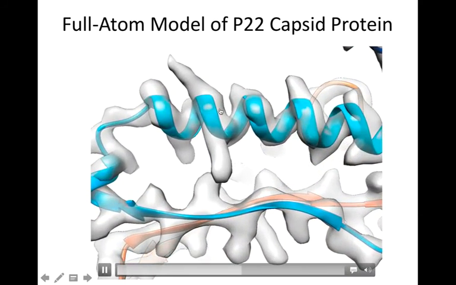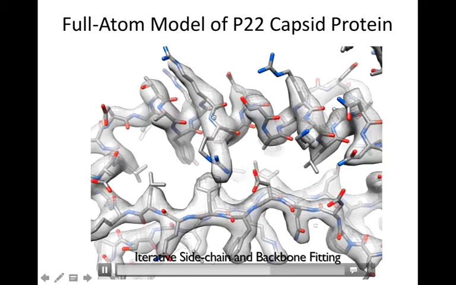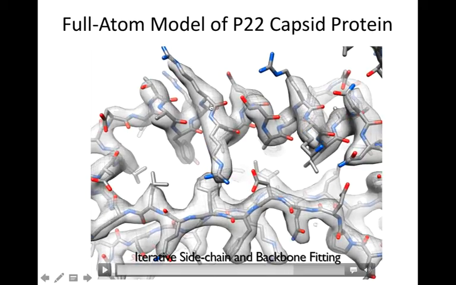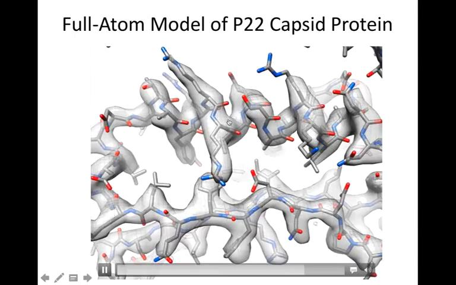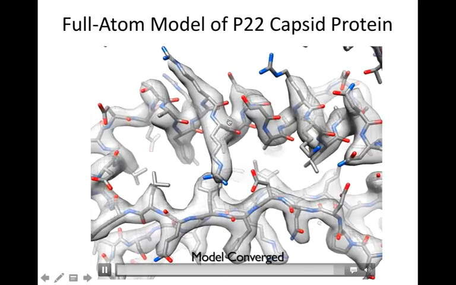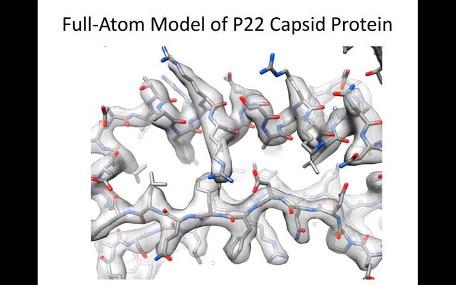For example, there are densities which can be used to fit and build the side chains along the entire polypeptide. Both the positioning of each atom of the side chain as well as the backbone are done iteratively. And all this can be done with this software called Phoenix, which is a very popular software in crystallography.